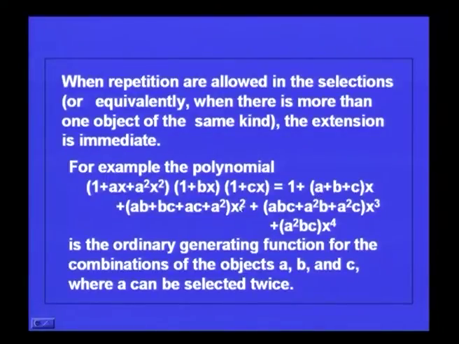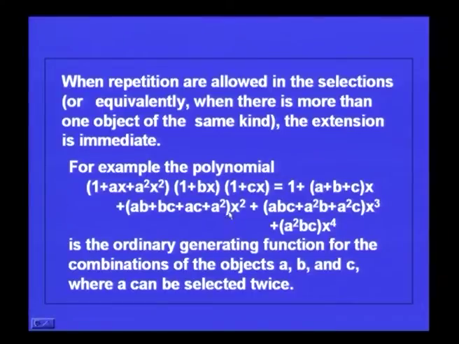But when you look at the coefficient of x squared, the possibilities are like this. Either you can choose A and B, or you can choose B and C, or you can choose A and C, or you can select A twice. So, A squared also is in this term.